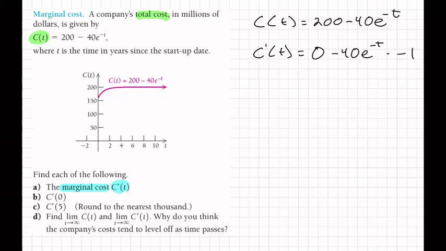So this term was constant, so it goes to 0. And when we do this, we get a -1 instead of the 2. Okay, so be careful with your signs here, because what we're going to eventually have is a negative and a negative multiplied together. So the marginal cost function will be 40 e to the negative T.